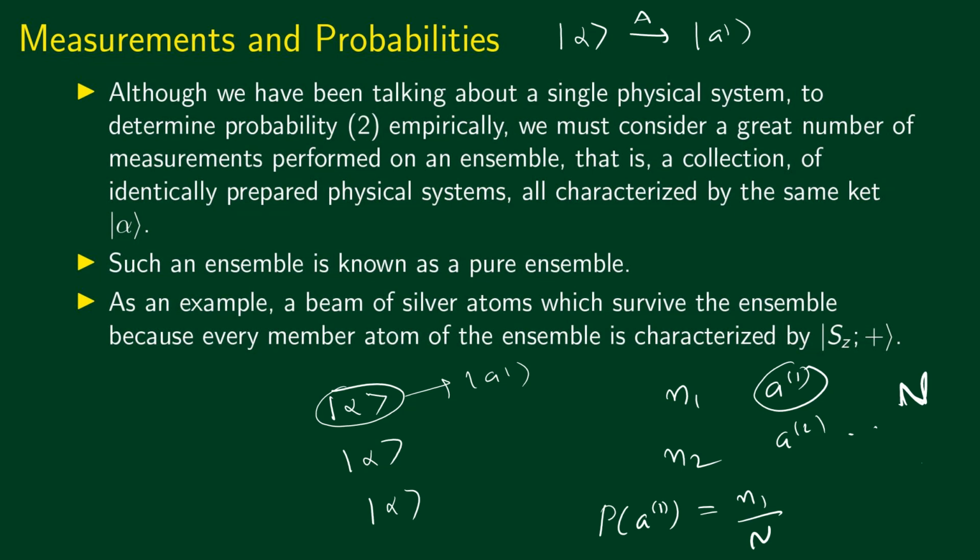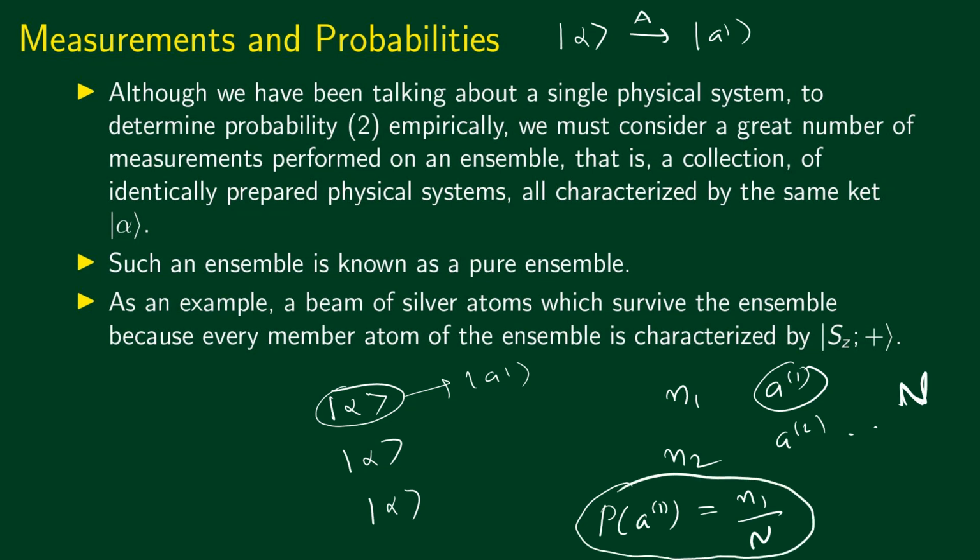Ideally, this has to be a large number. So in order to calculate the probability empirically, you need a large number of systems, or a large number of measurements. This is how we calculate the probability empirically.